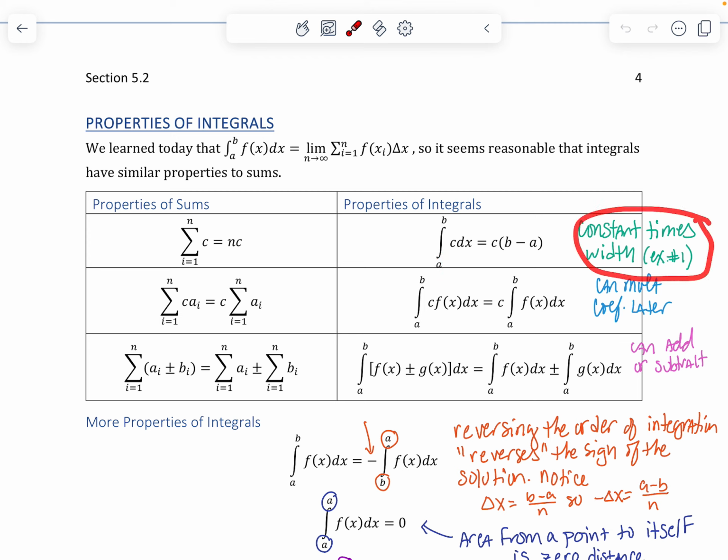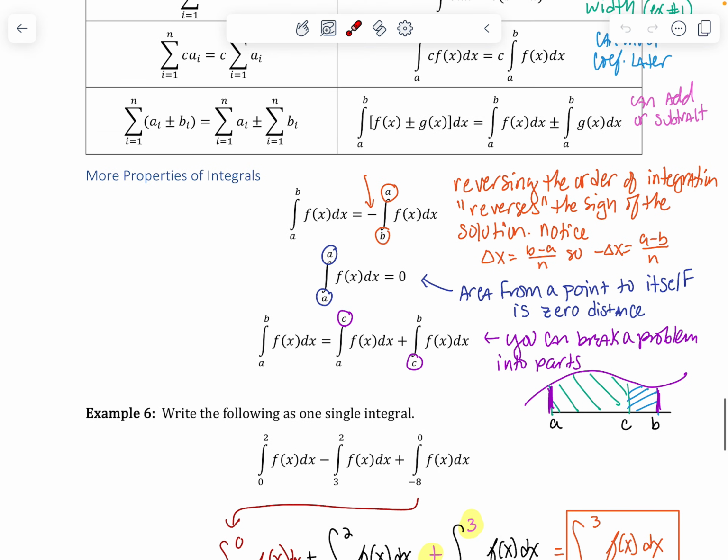Well, in example 1 in this section, we had a constant function of y equals 3. So we had a height of 3 rectangle. And we multiplied it by its width, which was the range of distance we covered, a to b. So it's just kind of repeating that piece.